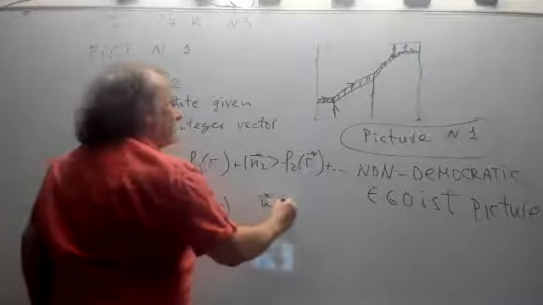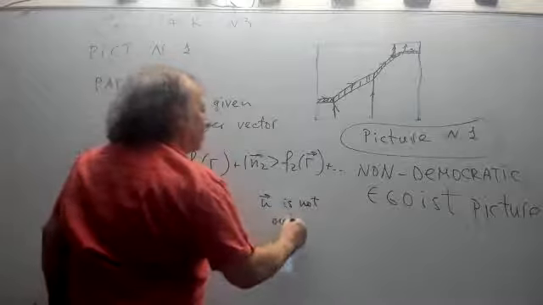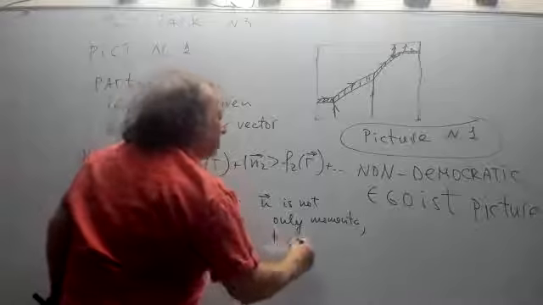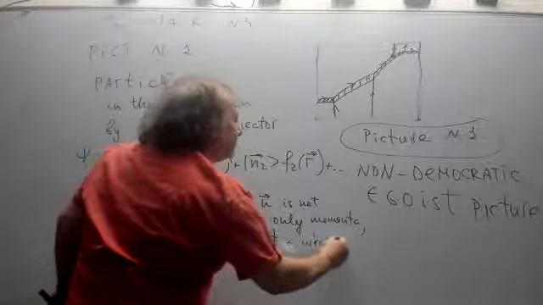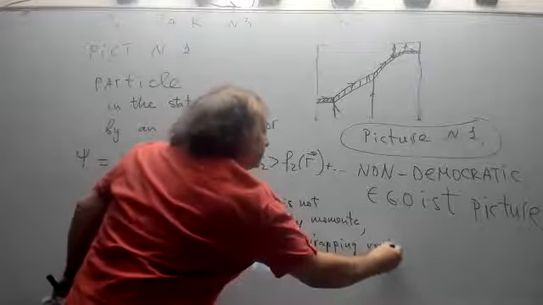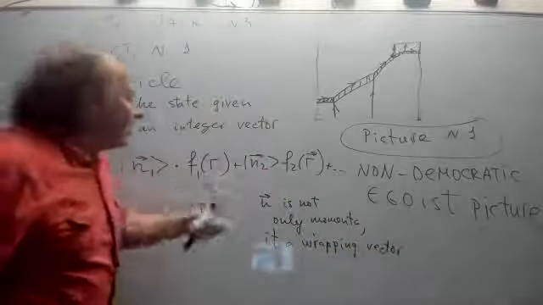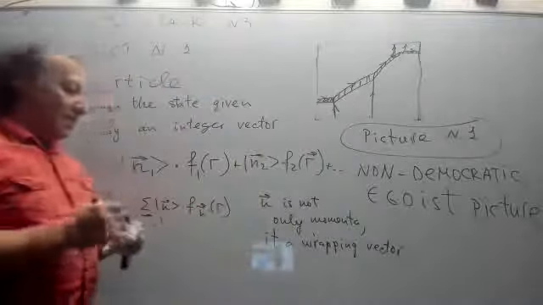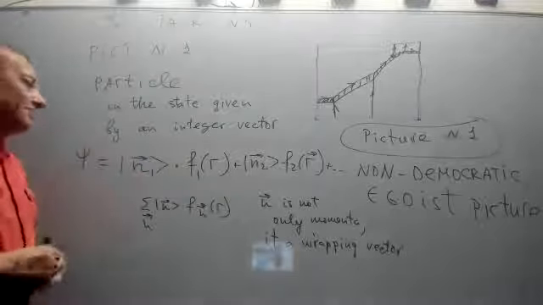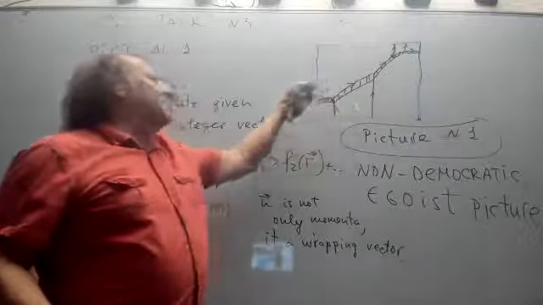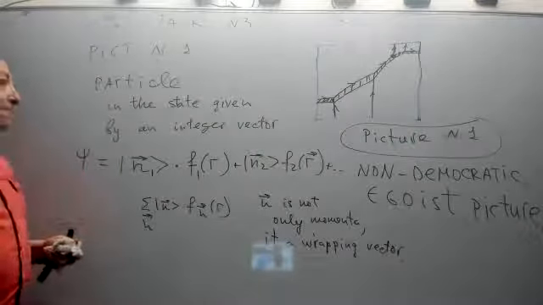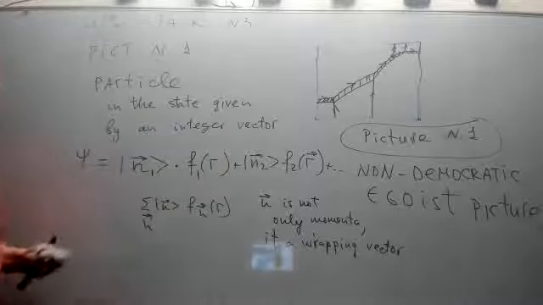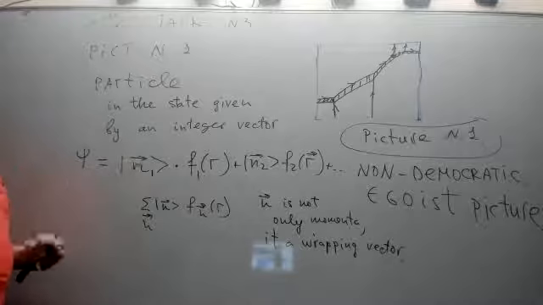N is not only momenta. It is a wrapping. It means that above the particle that has momenta n, there is an angle. And this angle wraps the phase in a way proportional to n. You see? I propose you to see this picture.